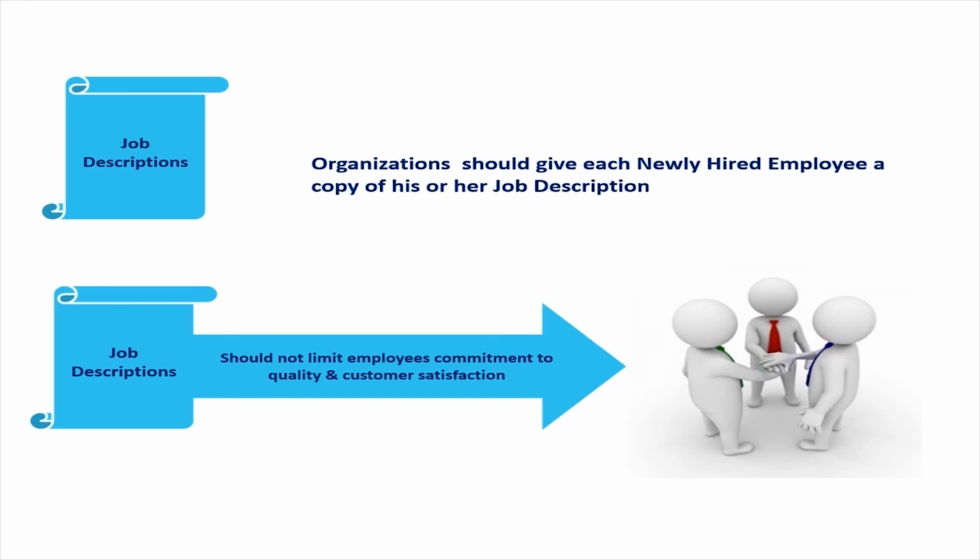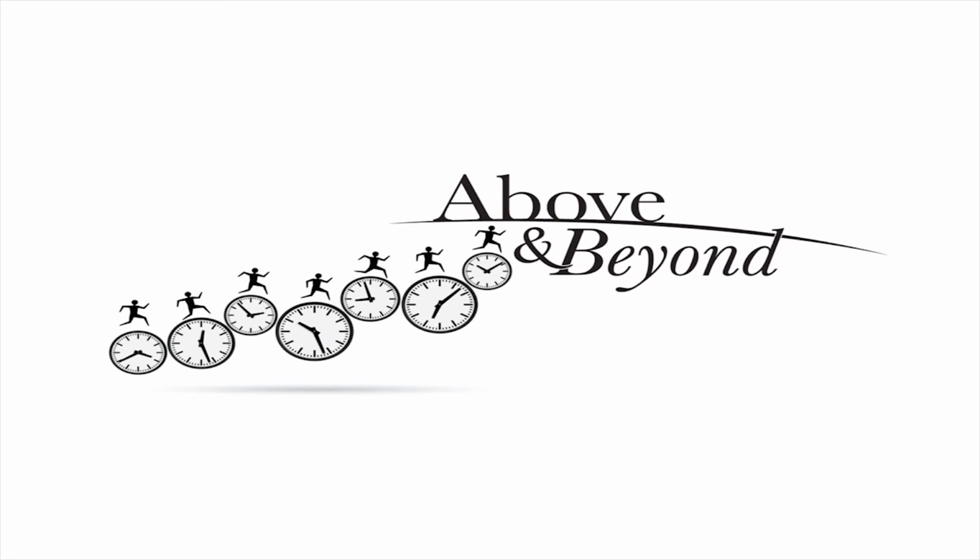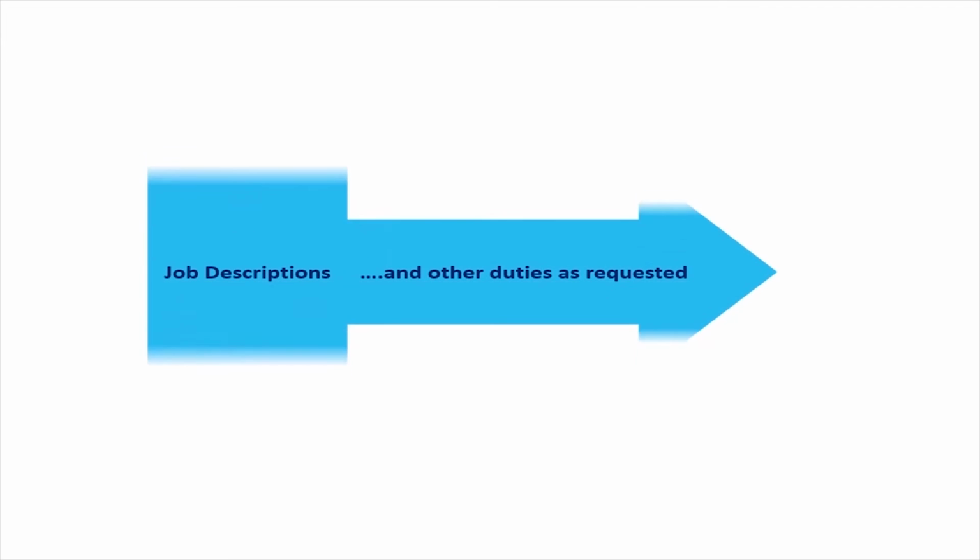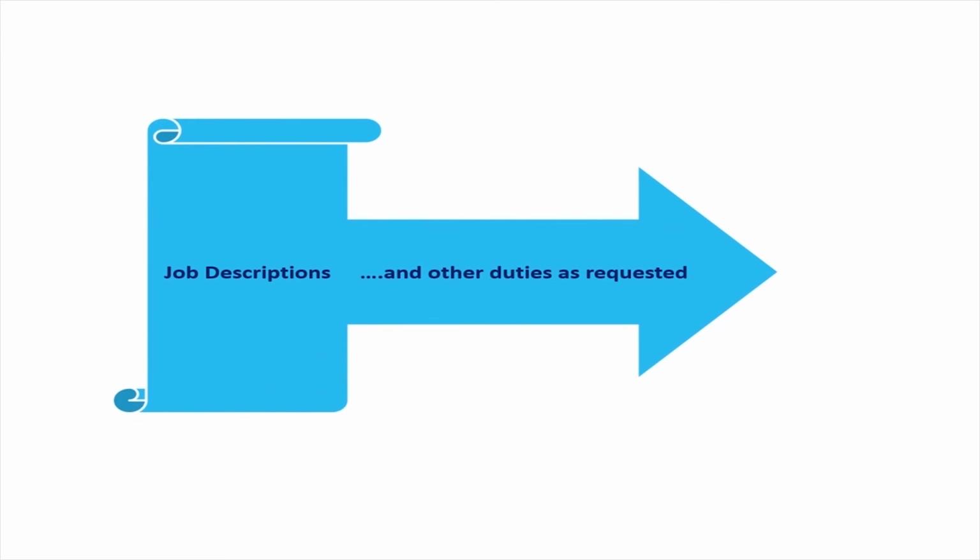Ideally, employees will want to go above and beyond the listed duties when the situation and their abilities call for that. Many job descriptions include the phrase "and other duties as requested," as a way to remind employees not to tell their supervisor, "That's not a part of my job."